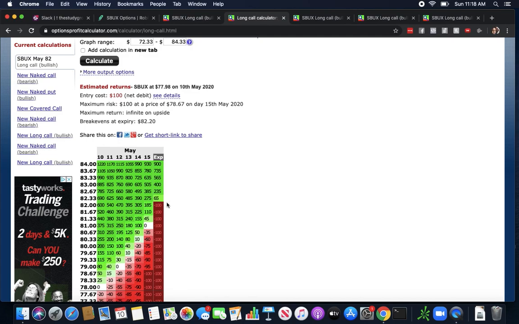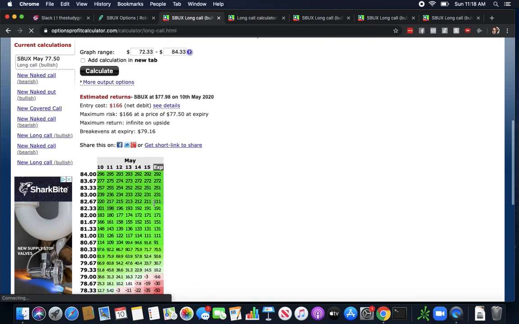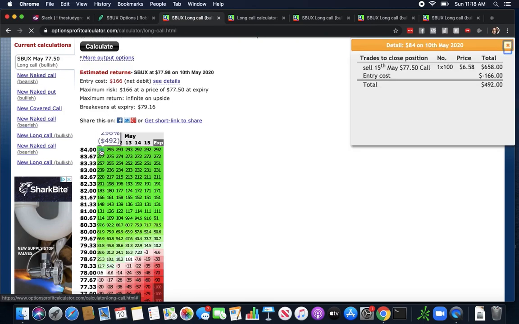This one is more risky, but when you look at your risk reward profile, if the stock jumps up to $84 on Monday with this one, I'll make $1,000, minus my initial investment, I'll make $1,170. Whereas with my in the money call, if the stock jumps up to 84 on Monday, I'll only make 492.